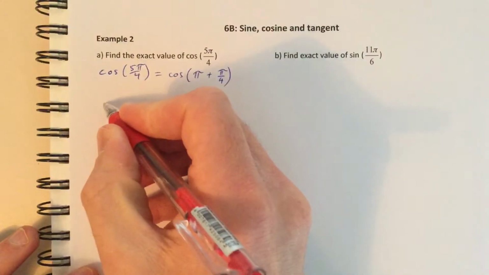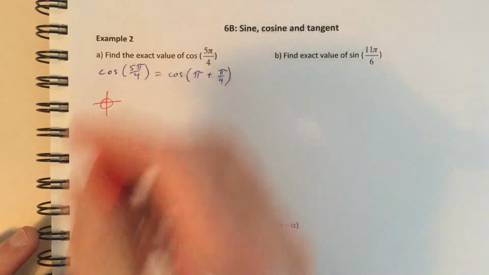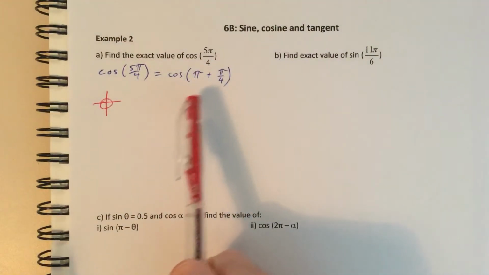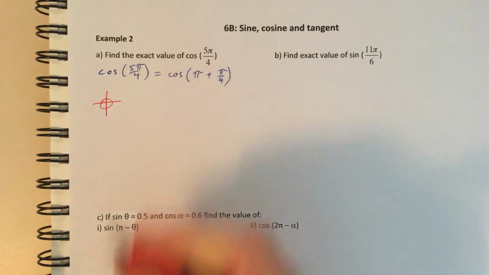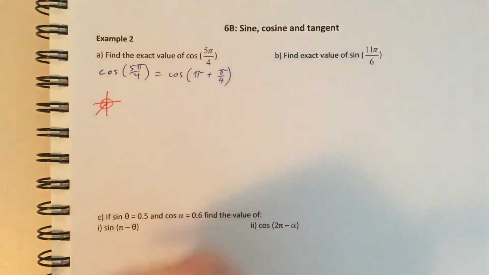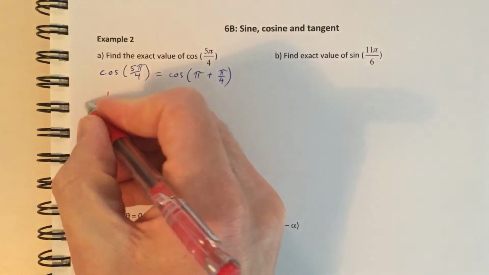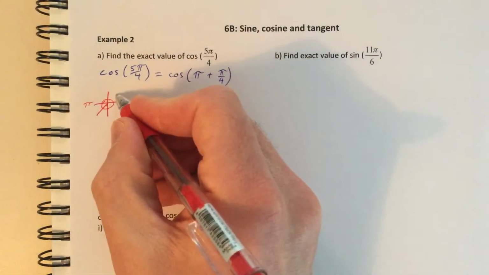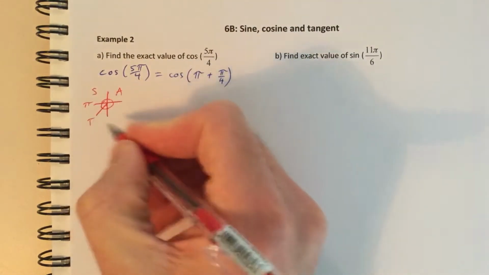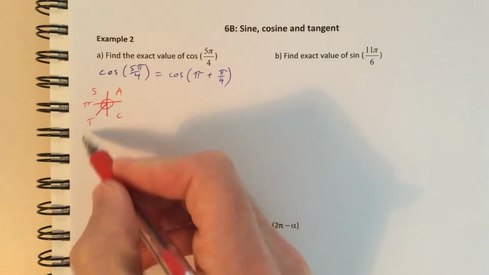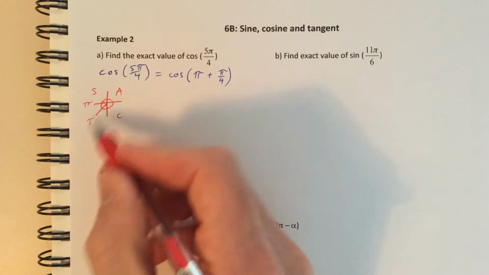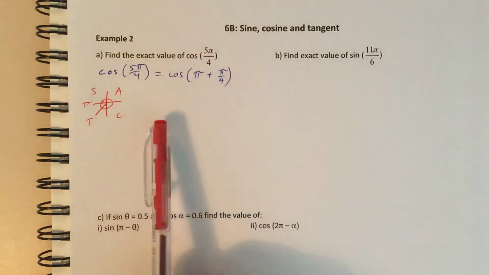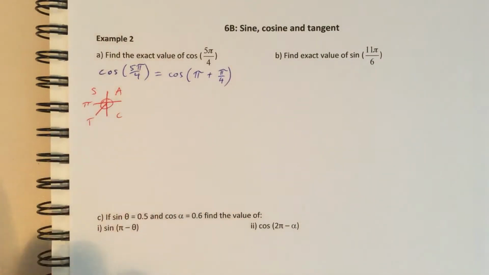Because if we think about our unit circle, pi plus an acute angle puts us down here in the third quadrant, because we know that pi is over there. So the fact that we know that this is the third quadrant tells us straight away that cos of an angle in the third quadrant is going to be negative. Okay, so we know that our answer is going to be negative.